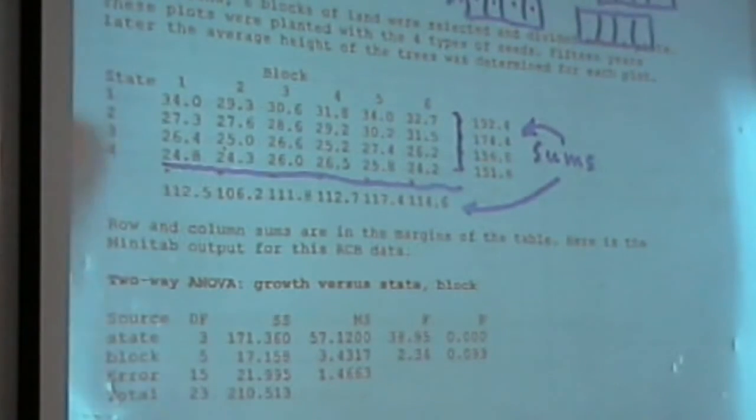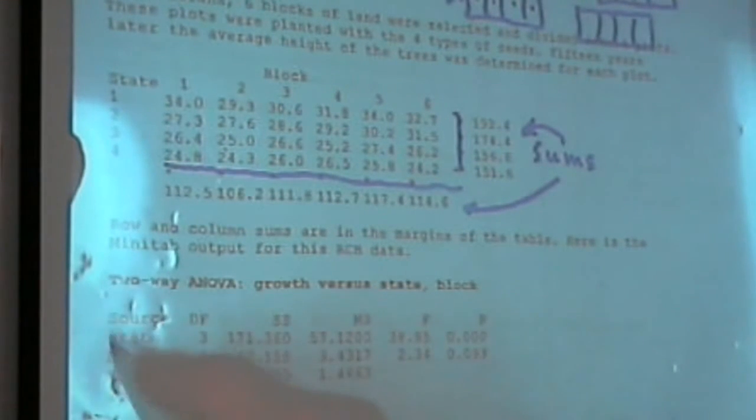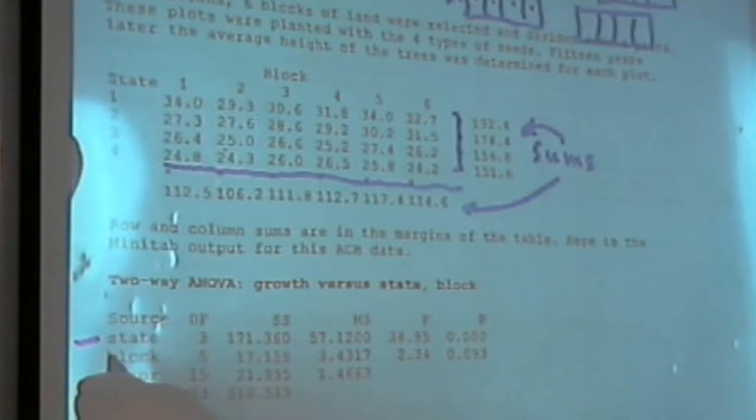Now, I didn't do the handwork for calculating the sums of squares. I threw this data into Minitab, and Minitab produced this analysis of variance table for me. Notice it labels state, which is the treatment, the state of origin for the seeds. The block is the plot of land, and then error and total.